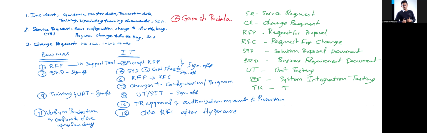You can go through that. Transport request. That's it, I believe. Yeah, SIT and UAT, user acceptance testing. So these are what we used overall, and I hope you got a good idea about incident, service request, change request.